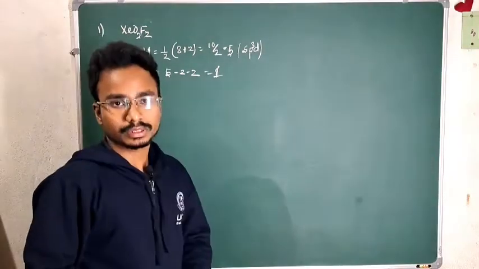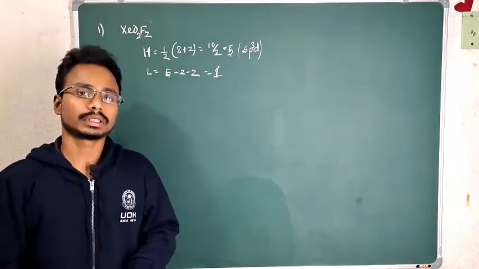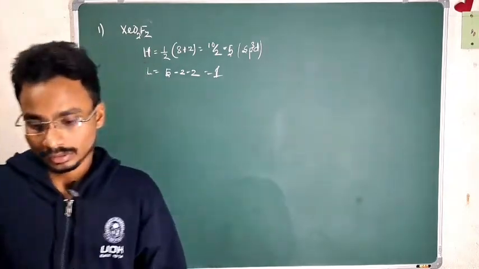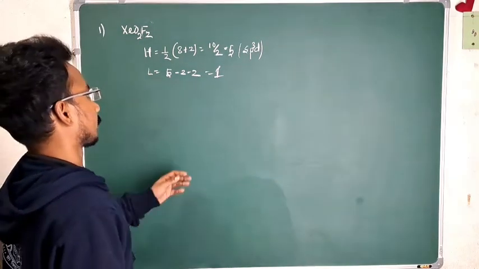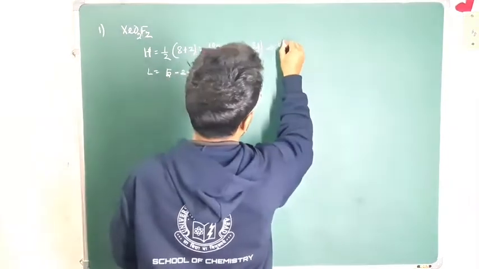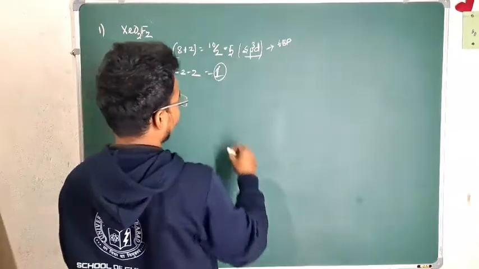So what will the shape of this molecule be? Just pause the video and guess. As you know, sp3d means it should be trigonal bipyramidal, TBP, but one lone pair is present.